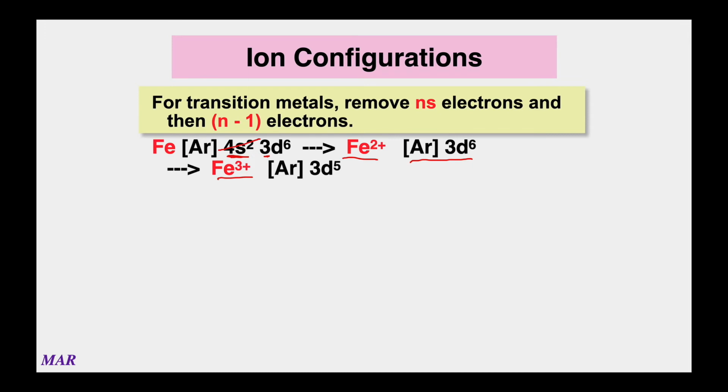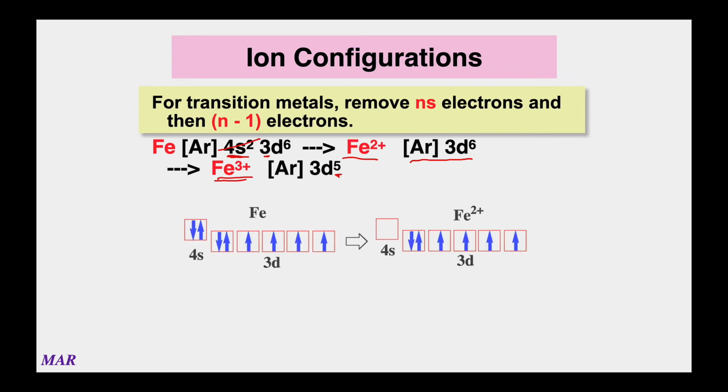If you make iron 3+, then you take away one of the d electrons, because then you've got a tie between 3d, 3p, 3s, etc. I'm pointing this out because when it comes to transition metals, the last electrons in are not necessarily the first electrons out. So in iron's case, 4s came out before 3d, even though as you're filling the electrons in, the 3d electrons were filled in after the 4s, which is very wild.